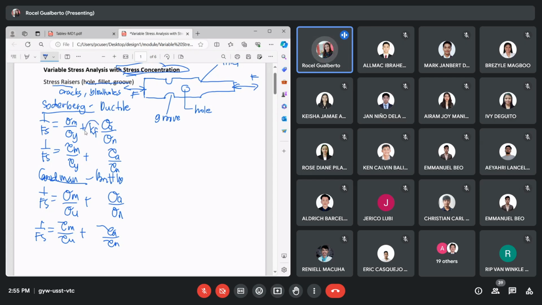So, ayan po yung idinadagdag natin, KF or KFS kapag po tau. Okay, so we include here KF and KFS. So, yung equation natin ngayon may dagdag na, okay, to take care of the stress ratio. Okay, so yan na po yung nadagdag. So, yung KF po, ang tawag po natin sa kanya is fatigue strength reduction factor.